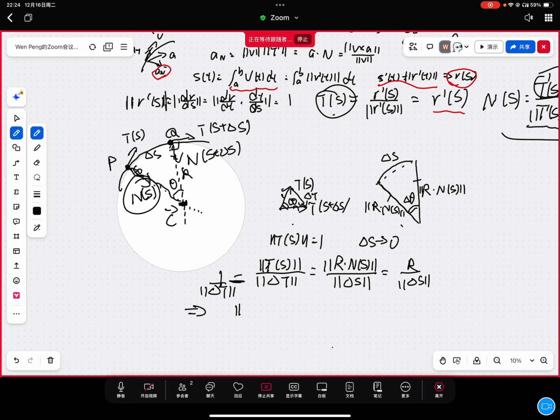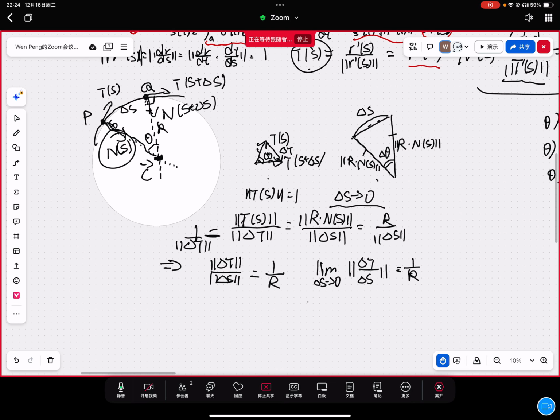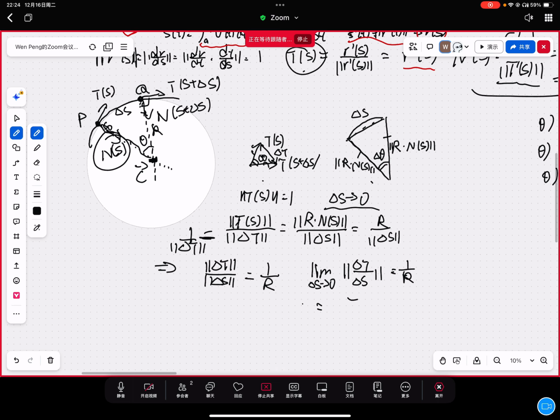Therefore, we get, remember it happens when delta s approaches 0, so that we can use the similar triangle. So therefore, the limit as delta s approaches 0 of the magnitude of delta t over delta s equals 1 over r. And delta t over delta s is of course t prime of s.